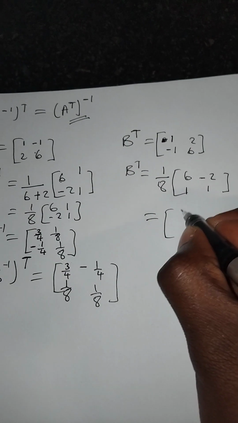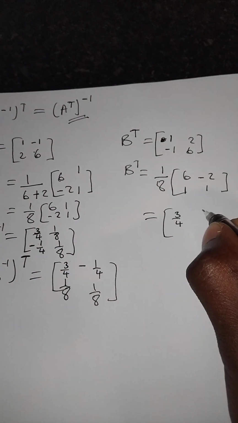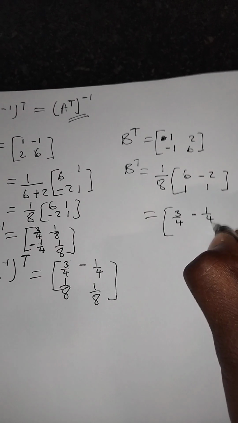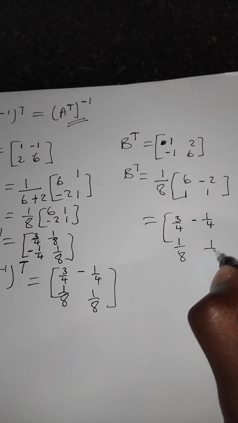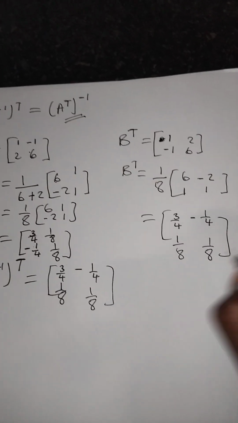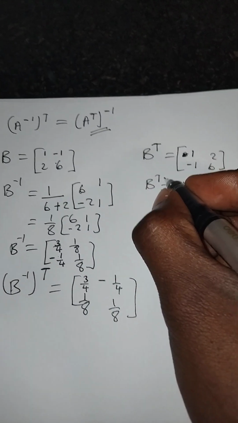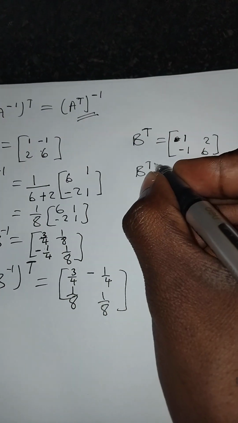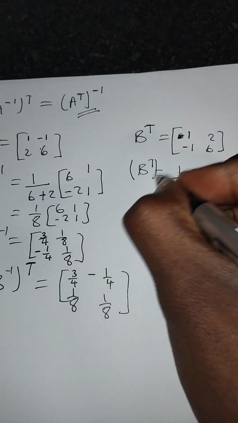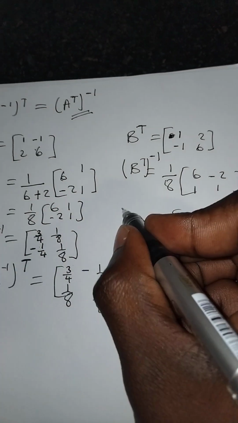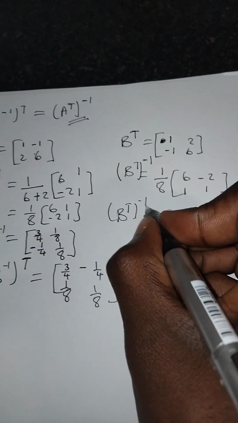Here we're going to get 3 over 4, then minus 1 over 4, then 1 over 8 and 1 over 8, just like that. This is the inverse of the transpose of matrix B.